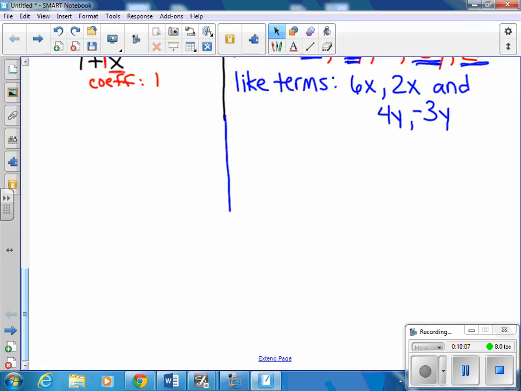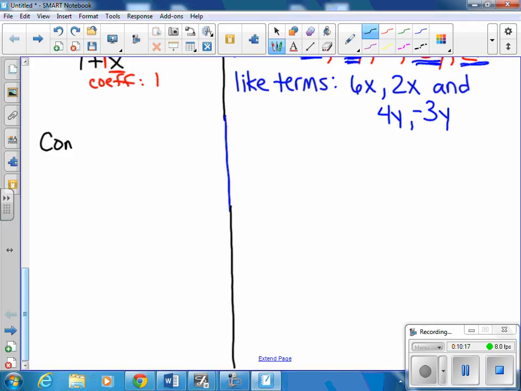Now to switch to the second part of what we're going to be doing. The first part was dealing with the parts of an algebraic expression. The next thing we want to talk about is something called combining like terms. So now that you know what like terms are, and this is part 2, by the way, we want to take a look at how we can combine them. There's absolutely no reason for you to keep such a problem as long as the last one that we did.